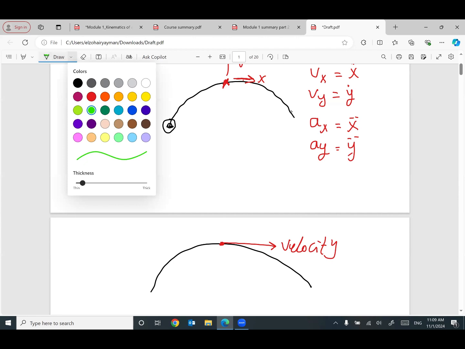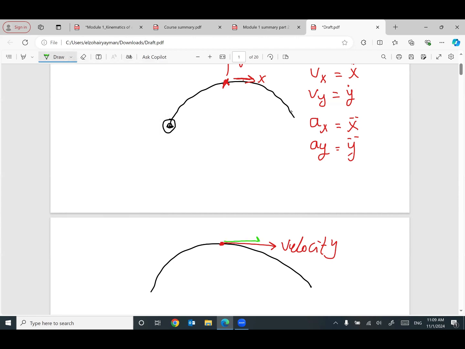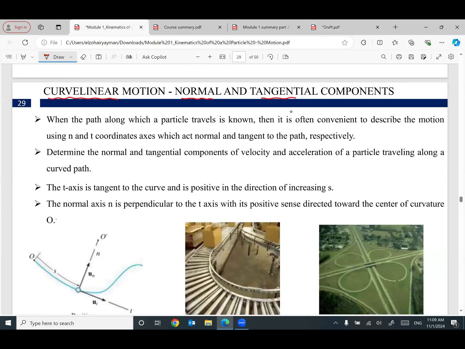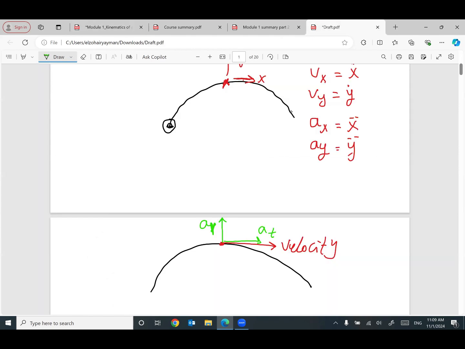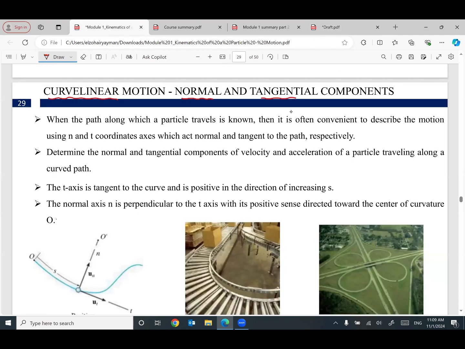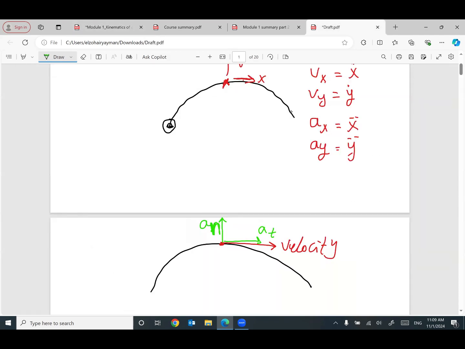And for the acceleration, I will have one tangent and one in the radial direction. That makes sense? This is the reason why it's called normal. I'm sorry, normal, not tangent, normal. In normal and tangential components.